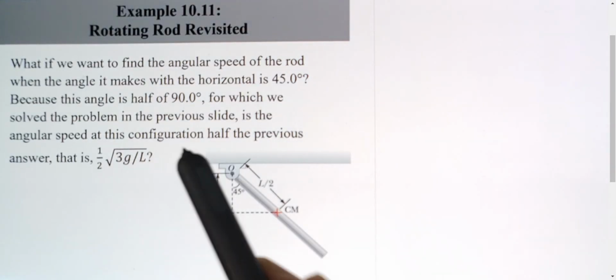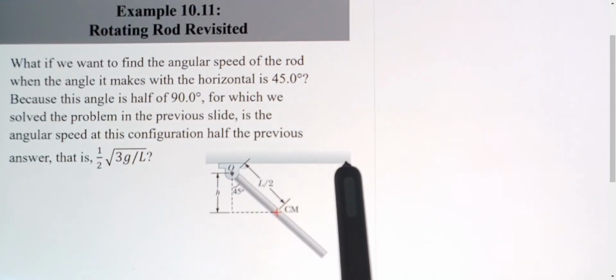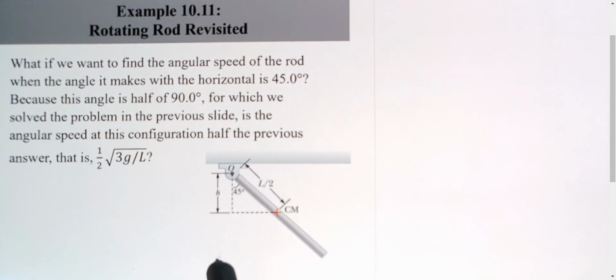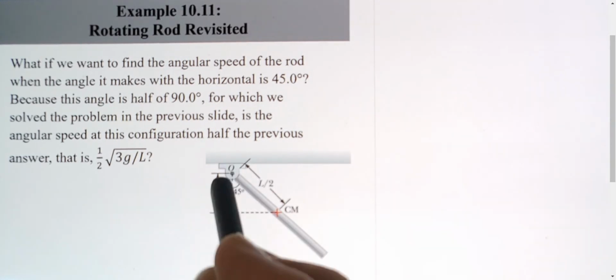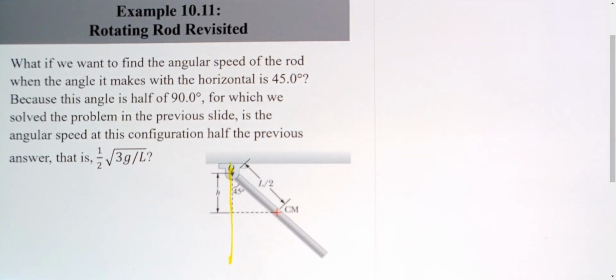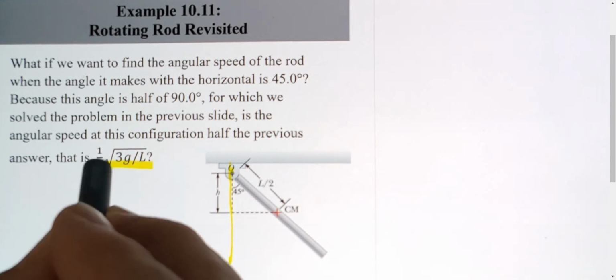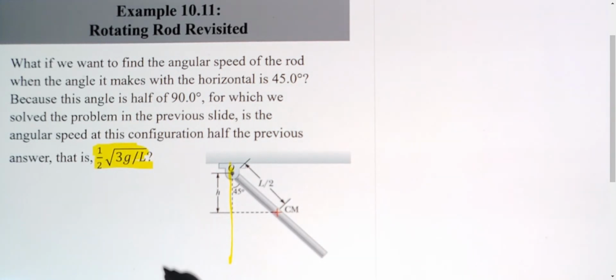Then what he is trying to say, he said we calculated the translational speed and the angular speed at the bottom. Now he says what will be omega in the middle of the way? Is it half of what we get? And the answer is wrong.